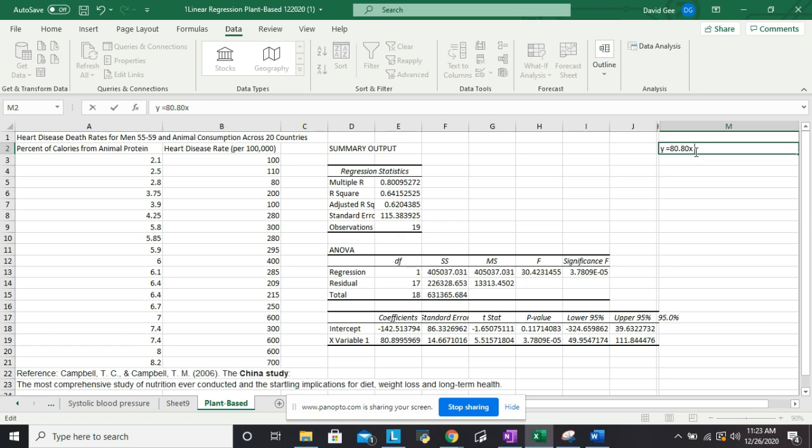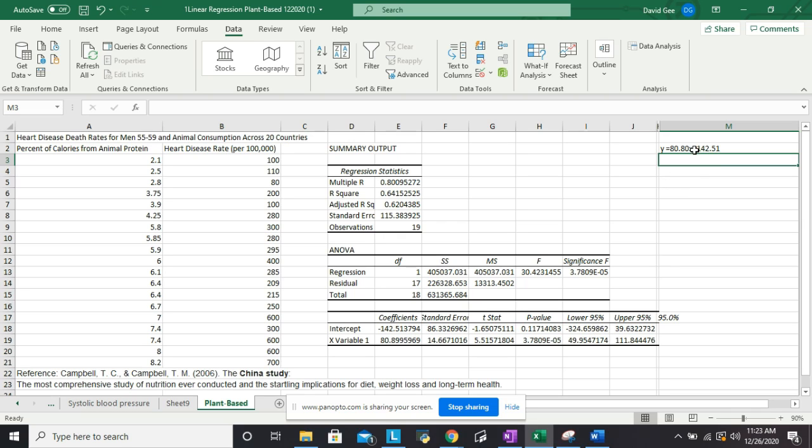And then our intercept estimate is -142.51. There we go. So this is our equation for our sample's linear regression.